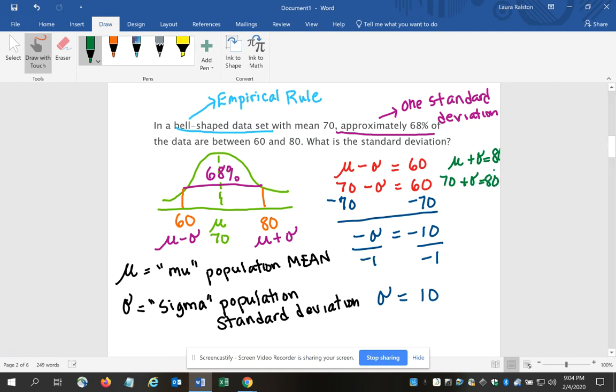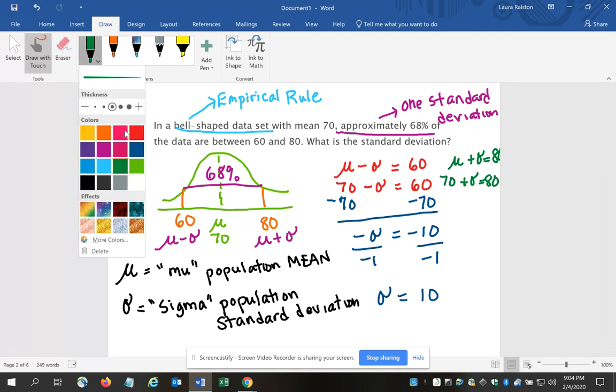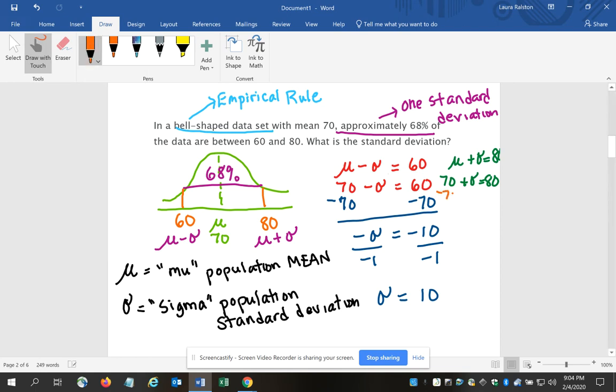If you solve that basic algebra equation, I should get the same answer. Let's double check ourselves. I subtract 70, so sigma is 10. See, I got the same answer. Ultimately, I want to know what the standard deviation is. The standard deviation here is 10.